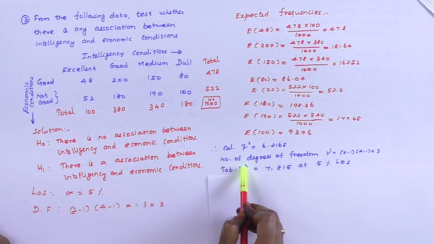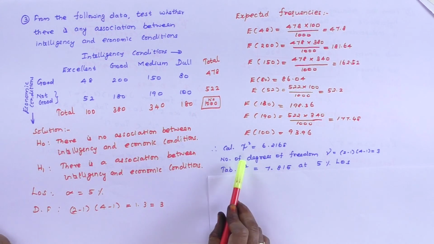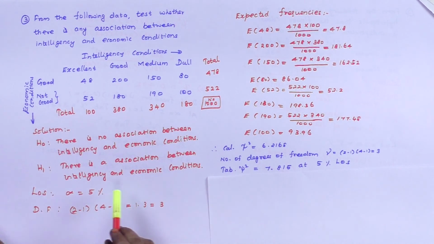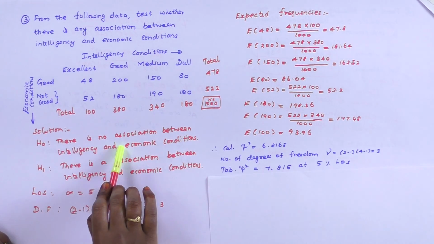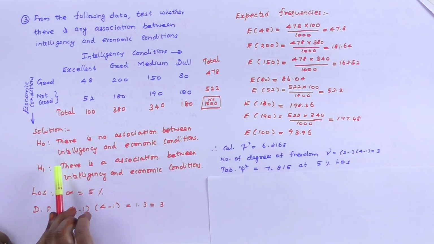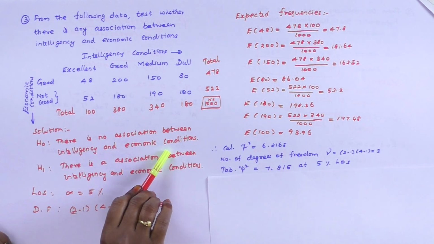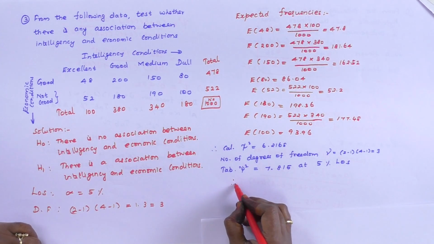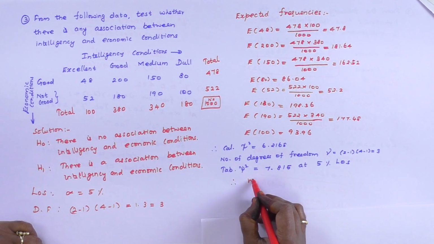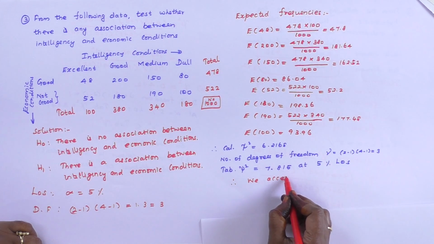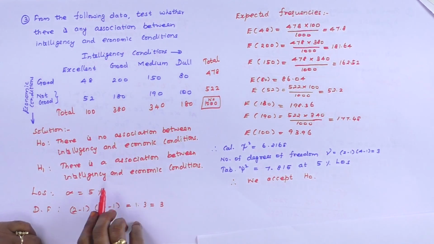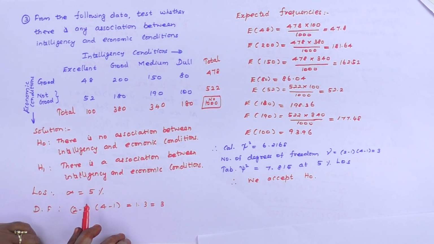Now comparing the calculated value with the tabulated value, calculated chi-square is less than the tabulated chi-square. So we accept H0. That is, there is no association between intelligence and economic conditions.